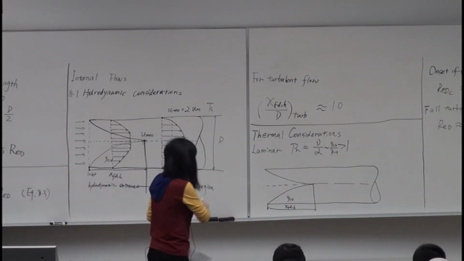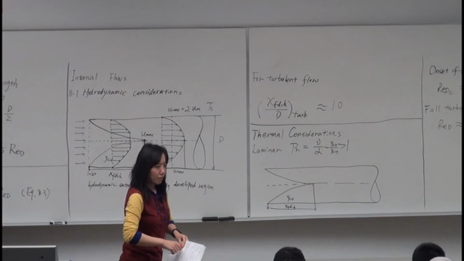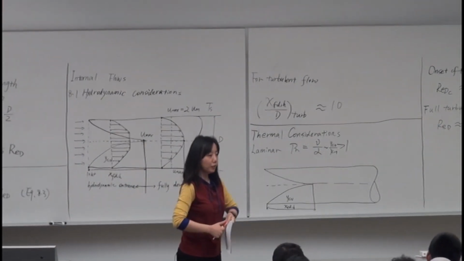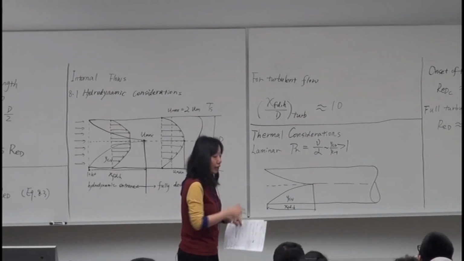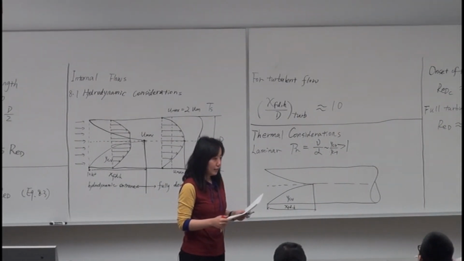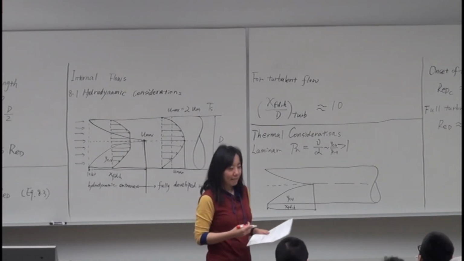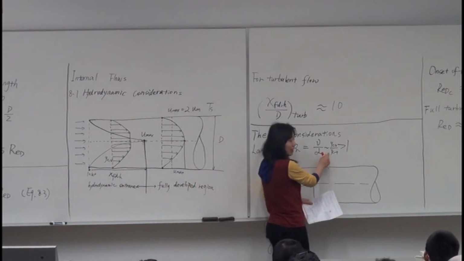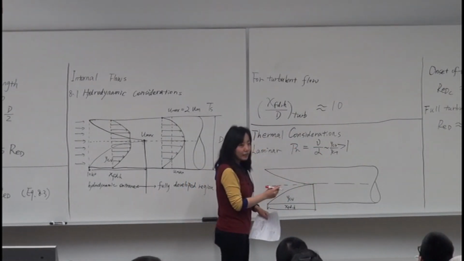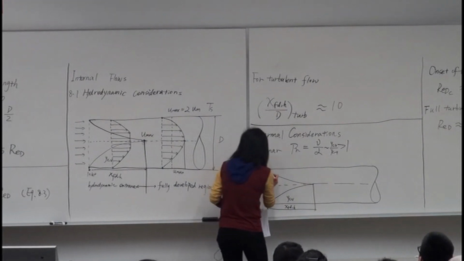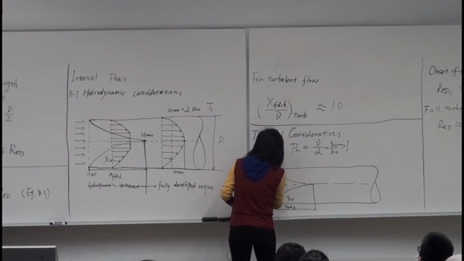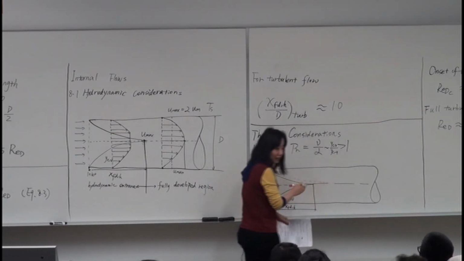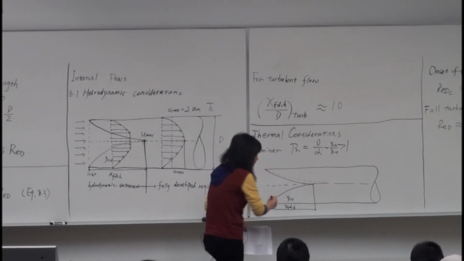For the case of Prandtl number larger than 1, which one is larger, thermal entry length or hydrodynamic entry length? Yeah, because we already discussed the thermal boundary layer is everywhere smaller than our viscous boundary layer, until it gets merged at the center line.